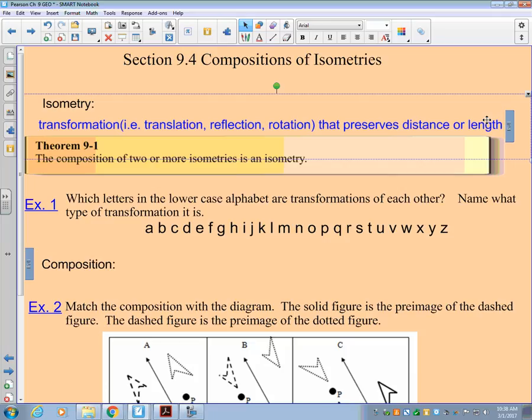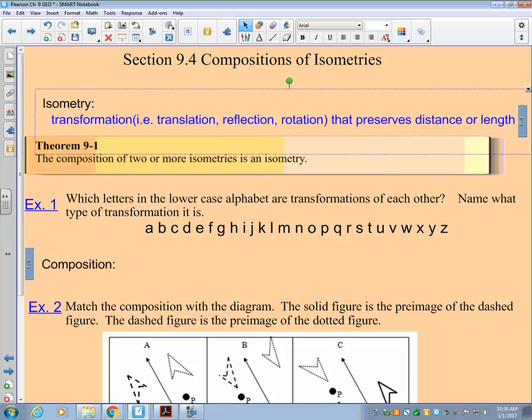We need to use translations, reflections, and rotations to describe how one figure can be made to match up with another, and name corresponding sides and angles that are congruent in a figure after transformation. And then in 9.5, we're going to understand two figures are congruent if and only if there's a sequence of rigid motions. Okay, so we're going to be looking for those four things as we go through the 9.4 information.